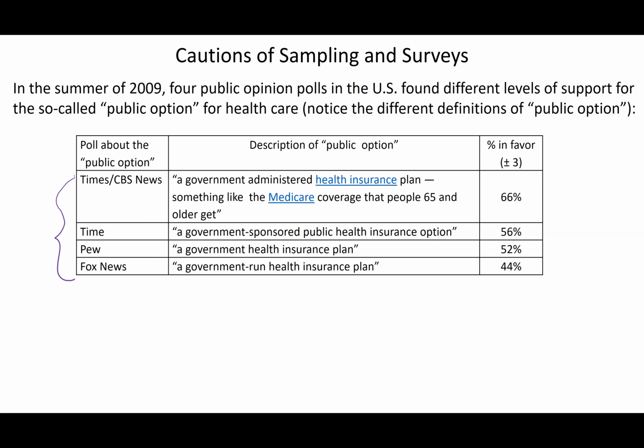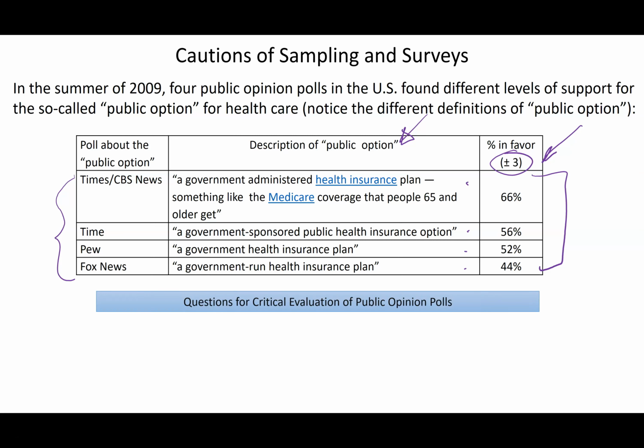We have one by Time, we have one by Pew, and we have one by Fox News. And we have very, very different results, right? Part of this is important because what is their definition of public option healthcare? And we have 4 different definitions. And then I'm going to talk a little bit about this right here, but let me display the questions.